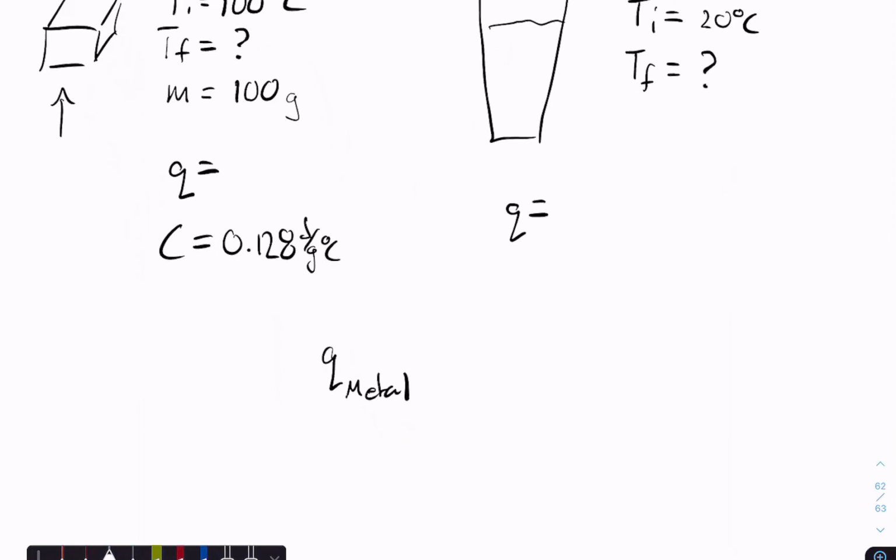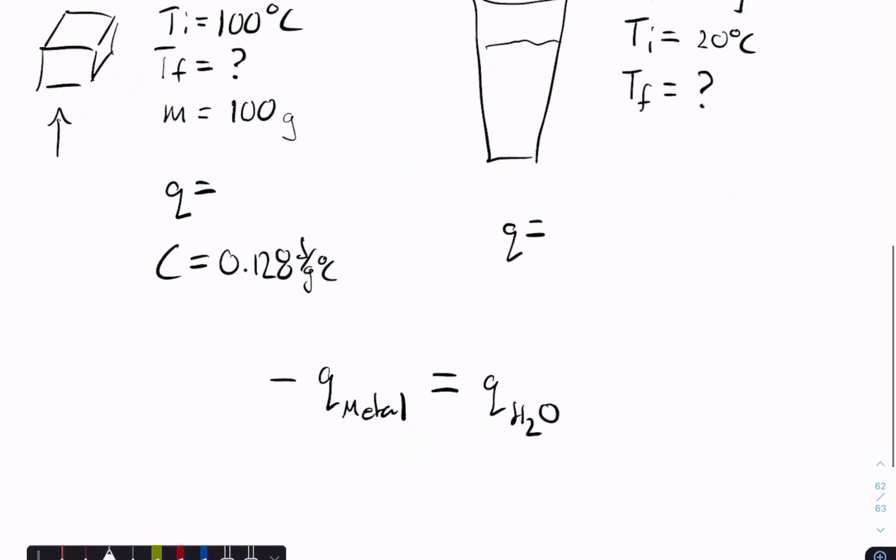So that energy from the metal will be negative Q. So it's losing energy. That is going to be equal to the energy that's gained by the water. So any energy lost by the metal is being given to the water.